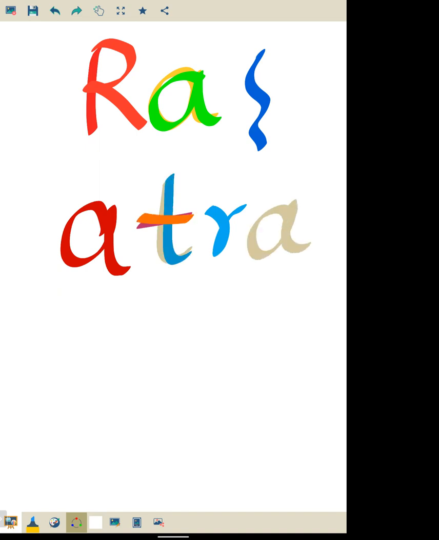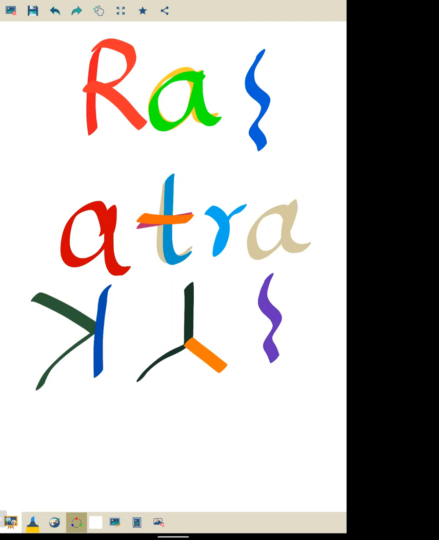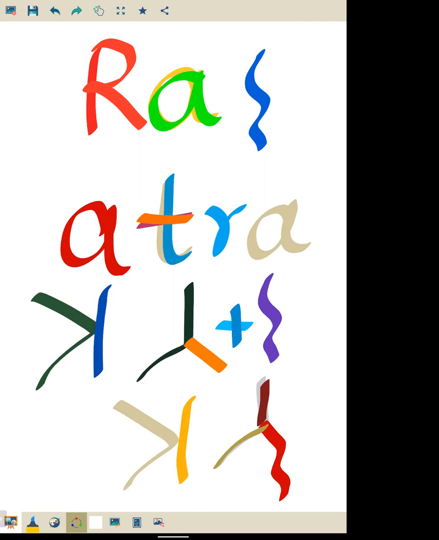See? It means we have a, there is no problem. Then we have ta, then we have ra. How to join these two? Ta and ra. You see here. Tra. So, atra. And there is no head stroke.